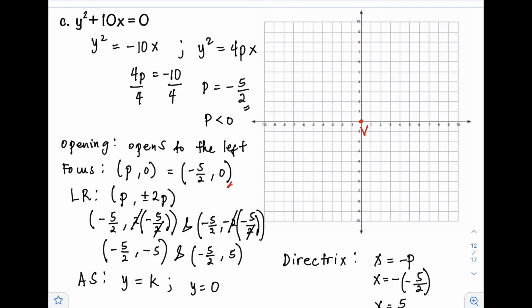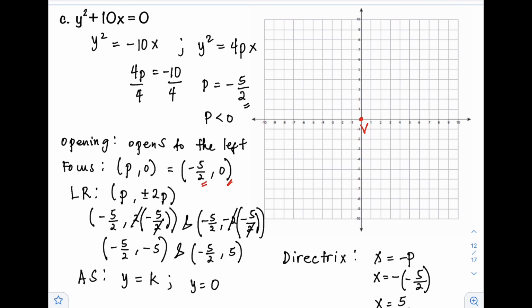So, kung nahihirapan kayong mag-plot ng ating fraction, pwede nyo yan guys i-convert to decimal. Okay, so dito, kung i-convert natin si negative 5 over 2 to decimal, that is equivalent to negative 2.5. So, makikita nyo yan guys sa left side ng ating vertex. So, nandito yung negative 2.5 natin. Between negative 2 and negative 3.